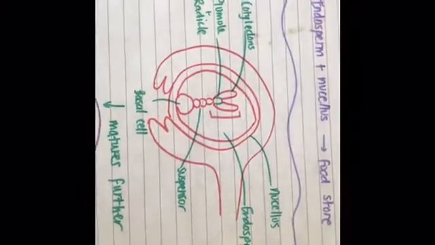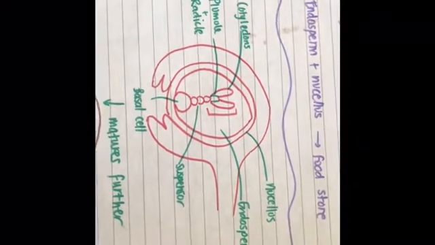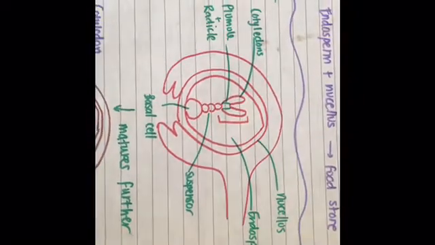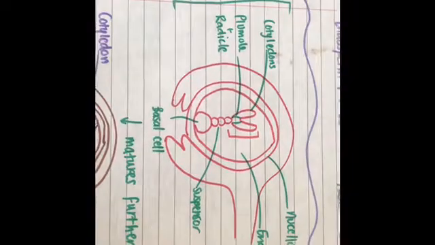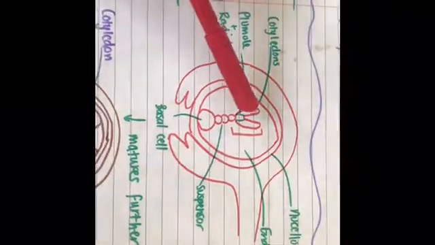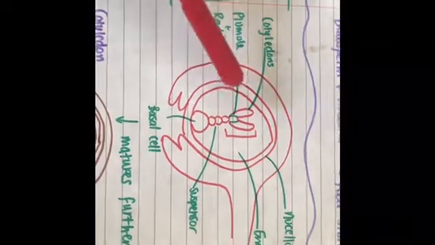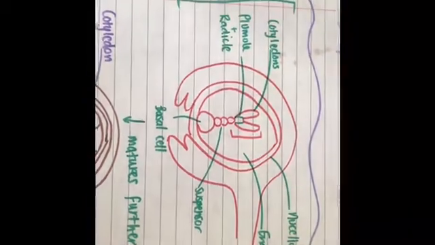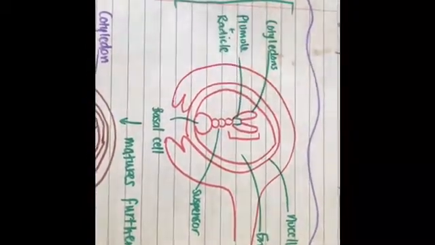The embryo consists of now the cotyledon or cotyledons, depending if it's a monocot or a dicot. It may have 1 or 2. And it will have the plumule and the radicle. So this inner part here is going to be called the plumule and the radicle. You can't identify which part is which right now, but as development continues, the parts will become more identifiable.